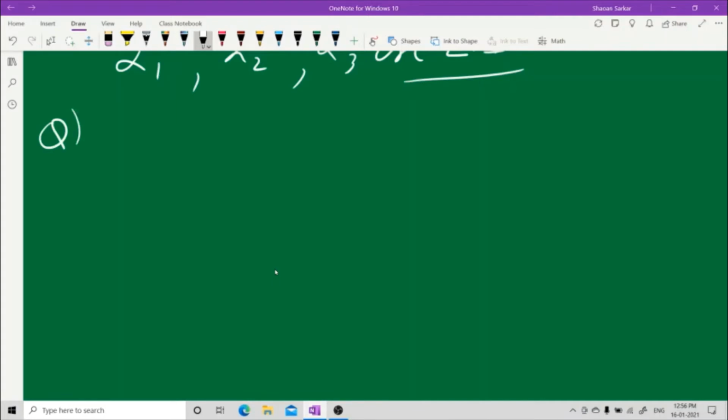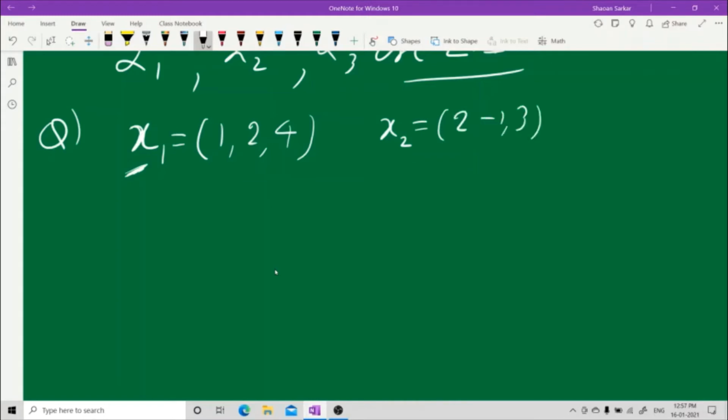I'll tell you a shortcut so that you can do it directly in the examination hall. Suppose x1 is 1, 2, 4. Now I have used this as a vector. Now x2, I am writing as 2, minus 1, 3. Now this is another vector.